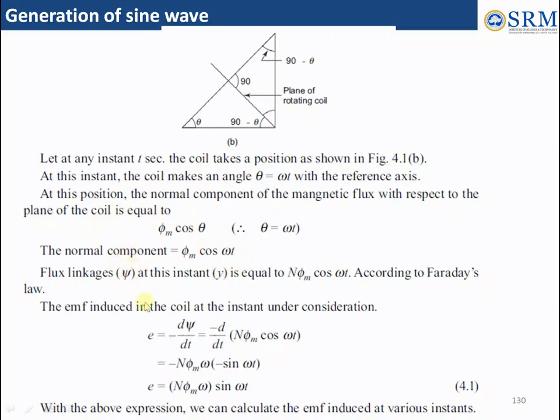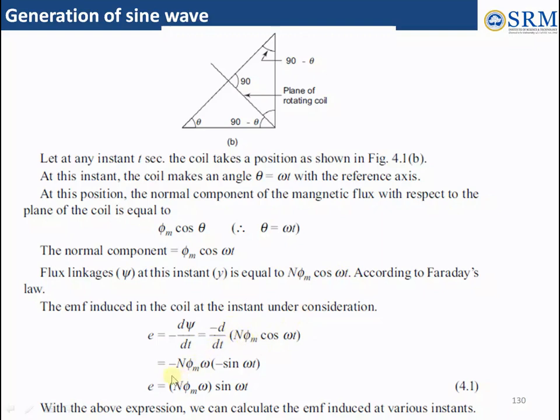Flux linkages, that is psi, at this instant is the number of turns in the coil n into phi m cos omega t. According to Faraday's law, the EMF induced in the coil is equal to the negative of the rate of change of flux, that is minus d psi by dt, which is equal to minus d by dt of n phi m cos omega t.